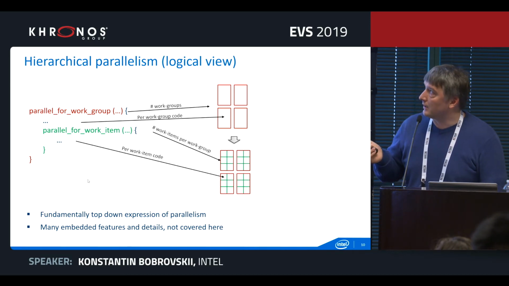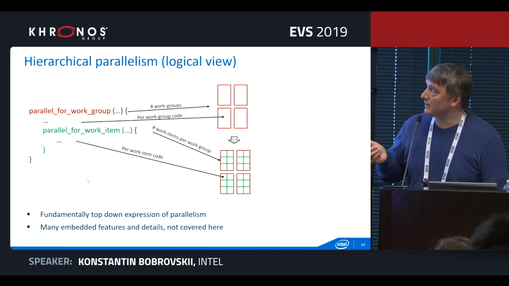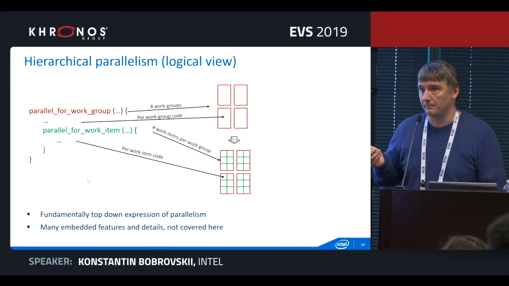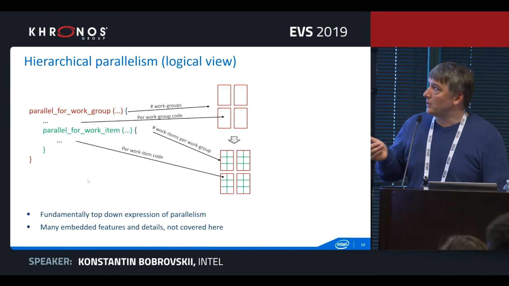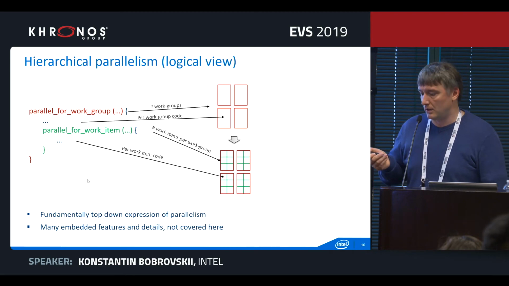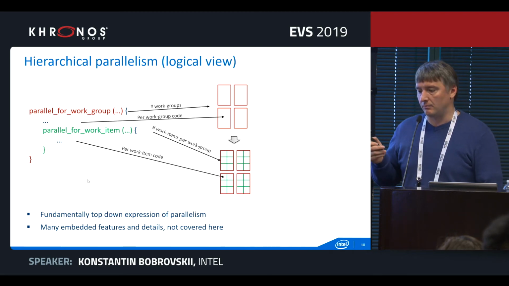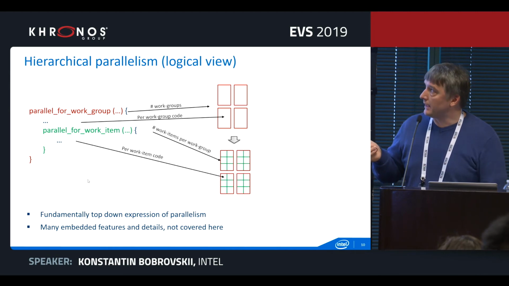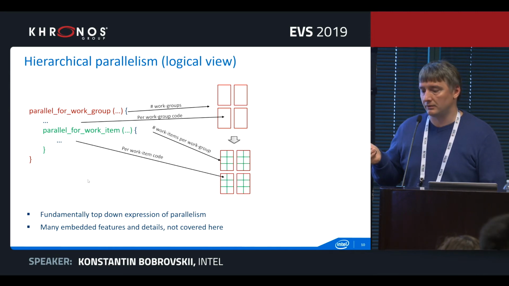This is kind of an analogous construct. So we have a parallel_for_work_group with 1 or more nested parallel_for_work_item scopes. Everything which is in the parallel_for_work_group scope and outside of the parallel_for_work_item scope is executed once per work group. And the data declared here is shared across all work items.